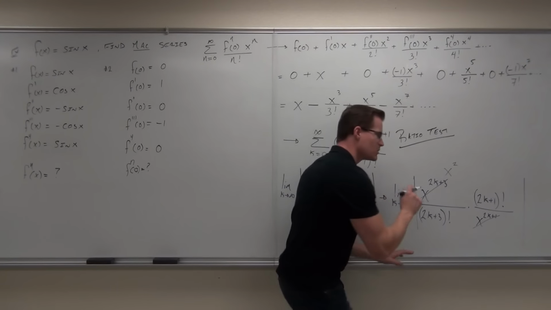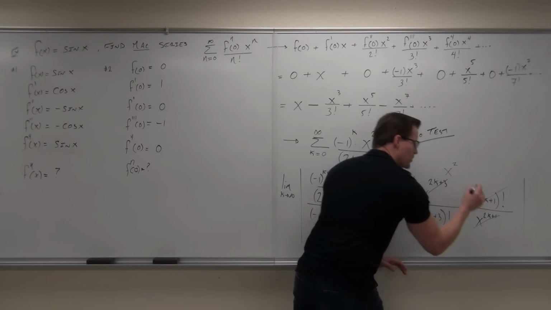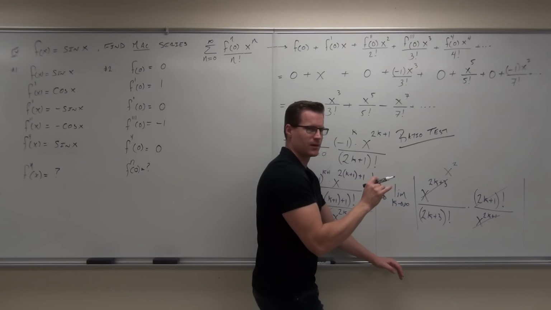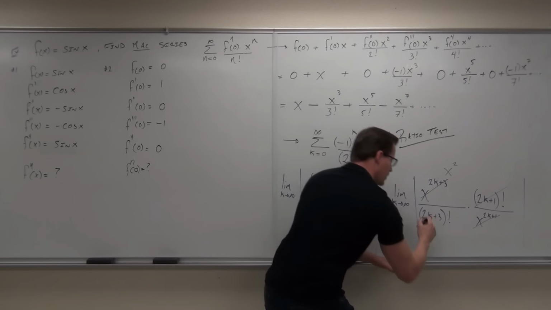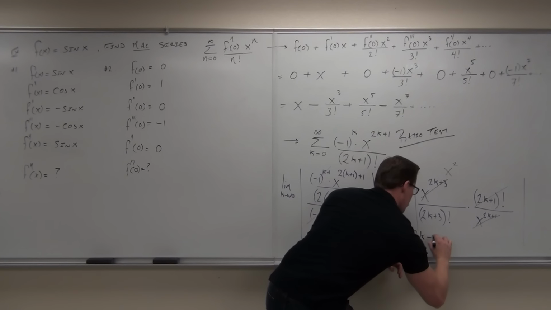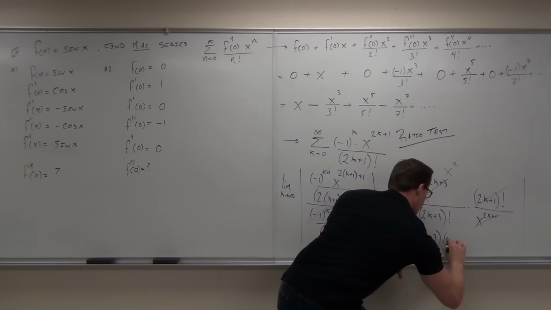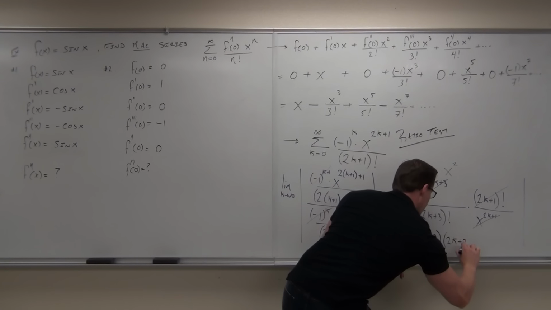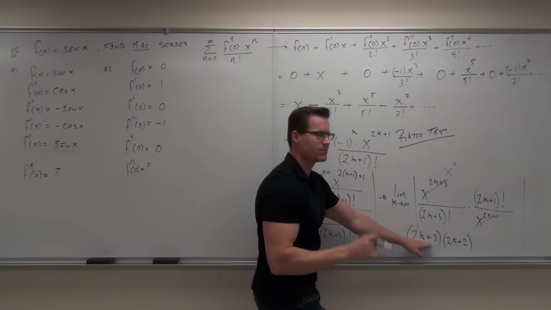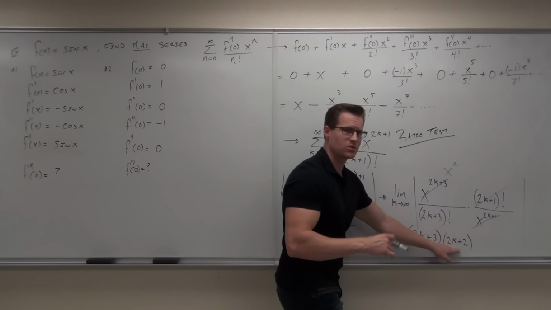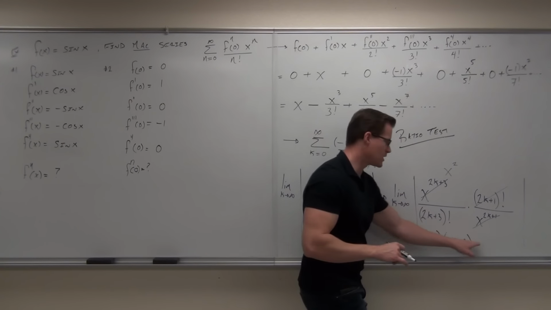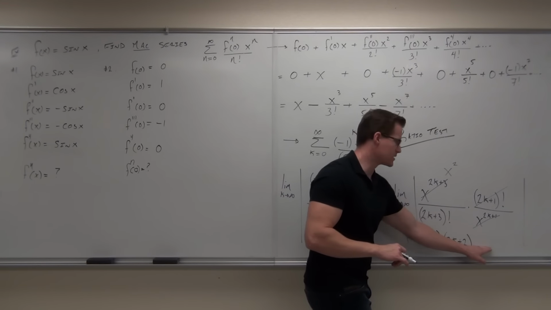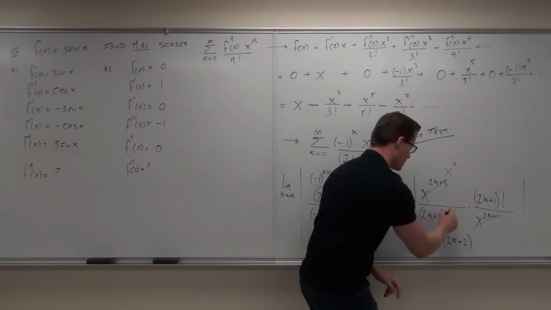So when you simplify this, this end is completely gone. You have the terms until you subtract down to 2k plus 1. So you have 2k plus 3, no problem. You have the term 2k plus 2, no problem. The next term would be 2k plus 1, would it not? Yes. That's going to simplify term by term with this one.